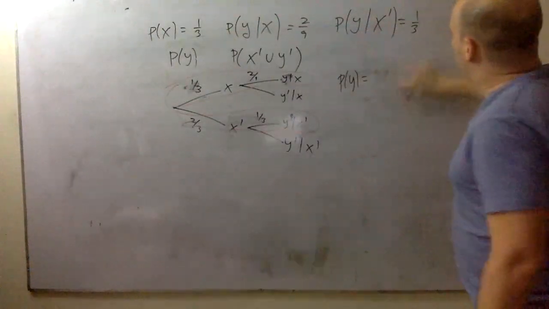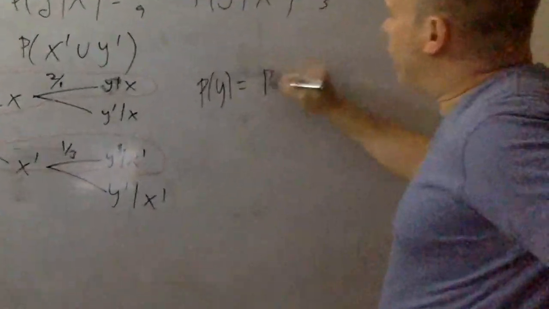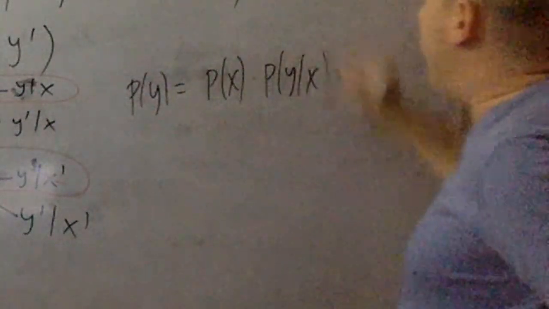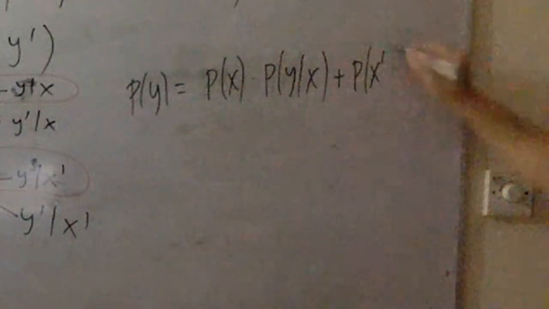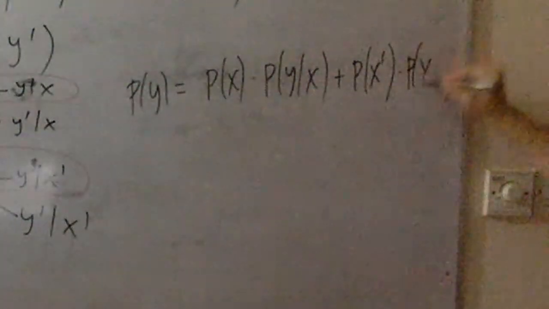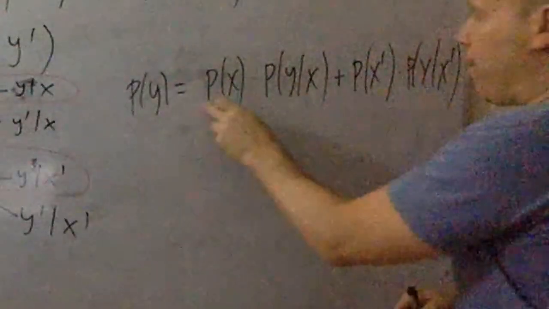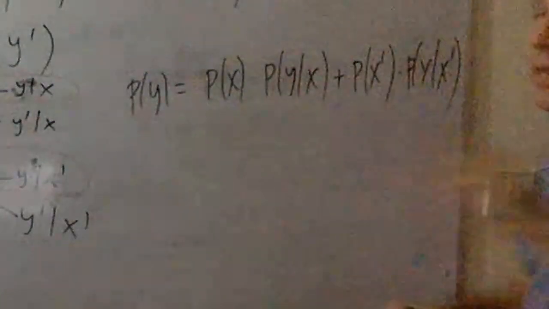The probability of Y is equal to either the first case that X happened first and then Y happened, given that X happens, or X didn't happen, but Y still happened.